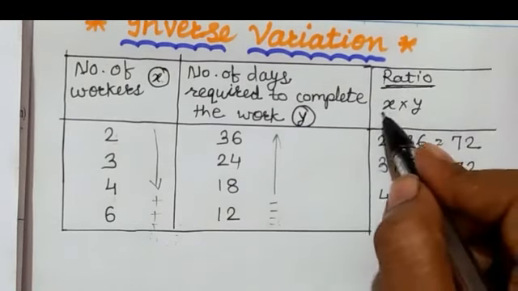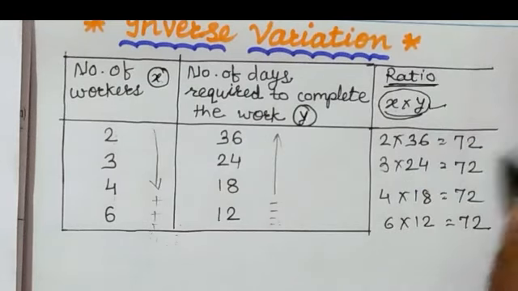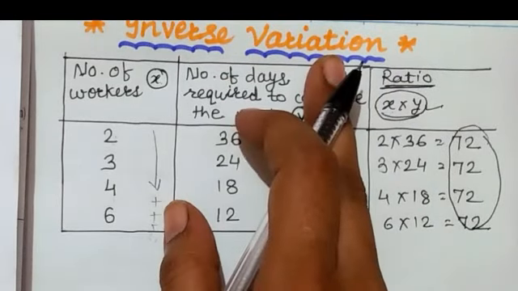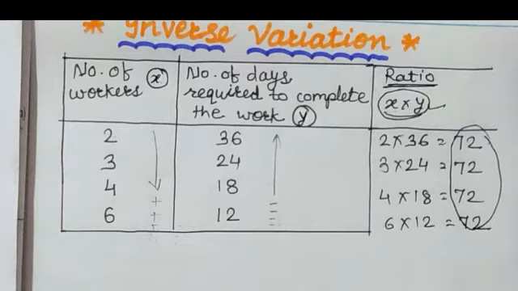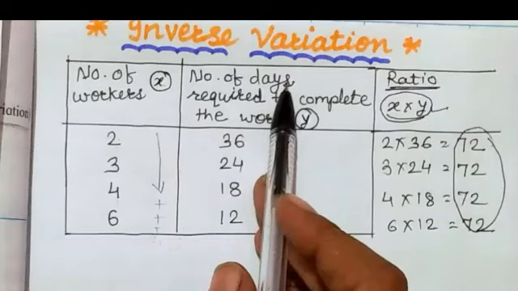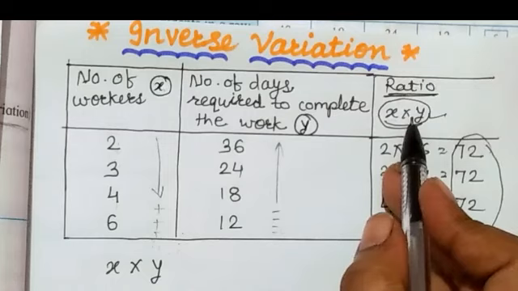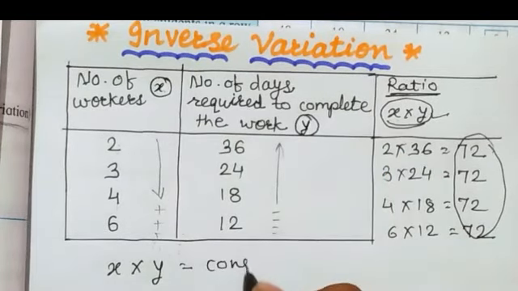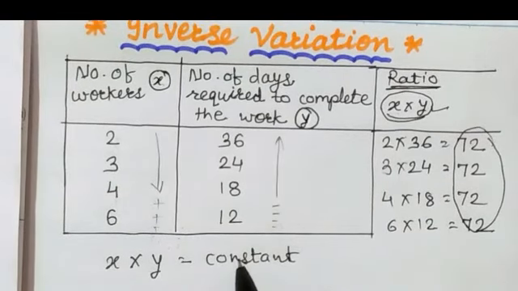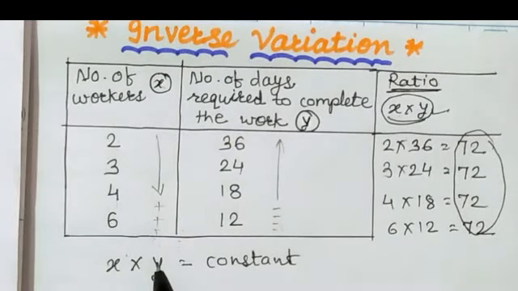It means that x is going to multiply with y. This is the constant figure regarding the inverse variation. But students, how are we going to present it? If x and y are two quantities such that x multiplied with y is constant, then there will be inverse variation between x and y.